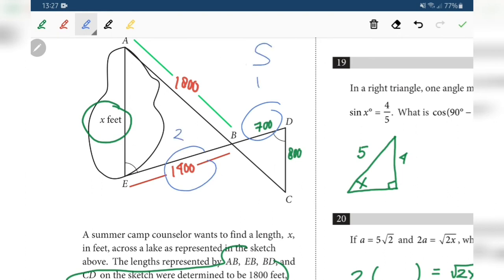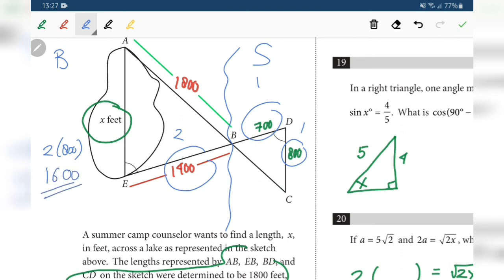This is the small, this is the big. So if this is 800, this is 800 times 2, 1600. Okay, I'll pause for a bit to take a breath.